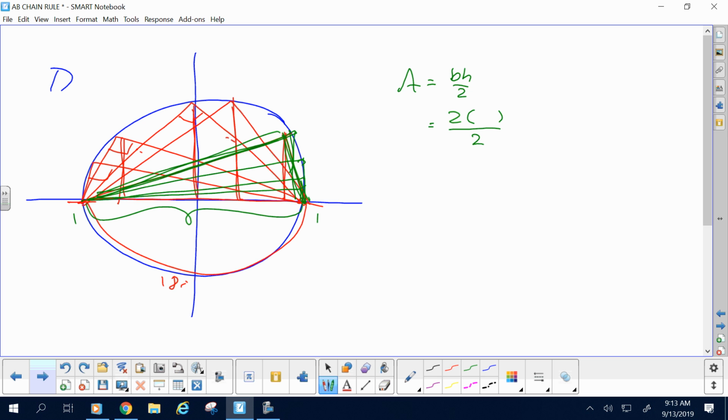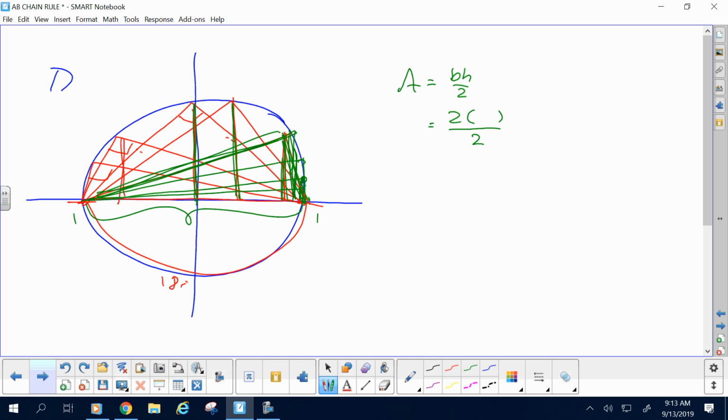Now the height, I think we'll agree, is the right angle distance up from the base. So whether it be here, or here, or here, those are all varying, but what is the height? What do we call a variable distance up on the coordinate plane? We call it y. At this point, y is a half.